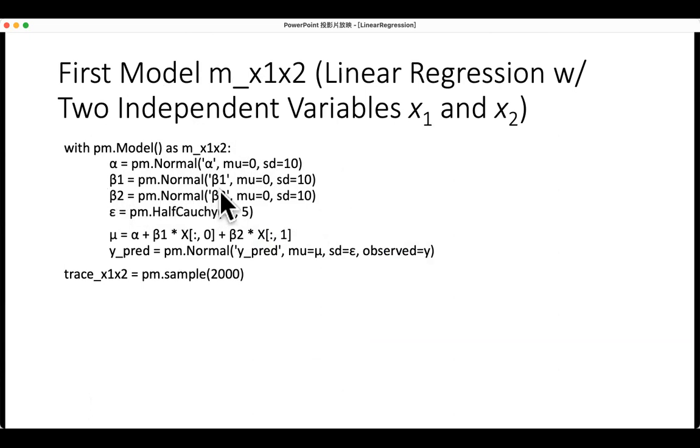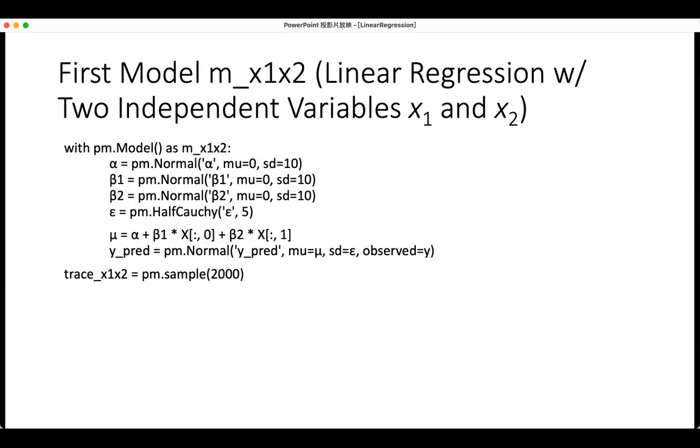Beta 1 and beta 2 are both normal with mu 0 and standard deviation 10. So you can see alpha, beta 1, beta 2 have very non-committal priors. And the epsilon again is half Gaussian with beta to be 5.